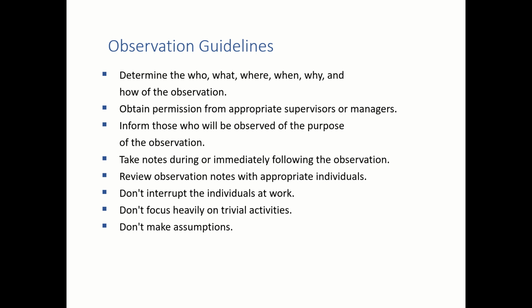It is called 5 W H. And you can obtain permission from appropriate supervisors, informing them who will be observed and for what purposes. So it's kind of shadowing. You can take notes, you can observe what they are doing, don't interrupt the individuals at work, and don't focus heavily on trivial activities.